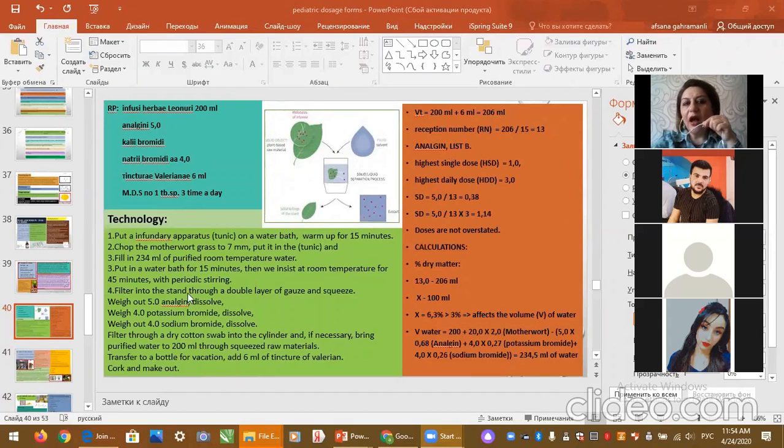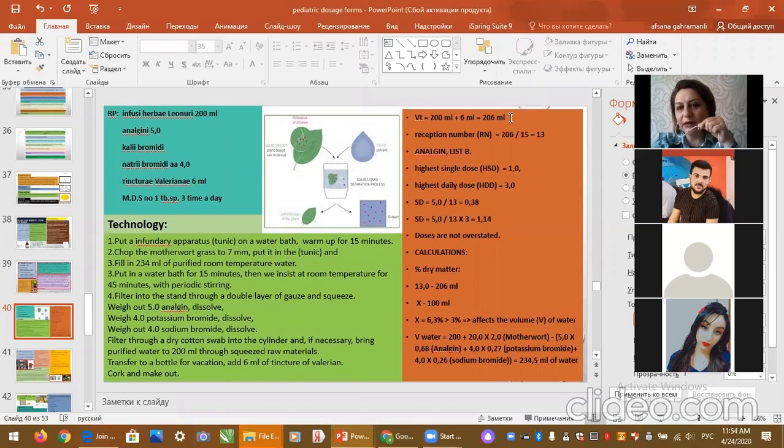For calculation, I must calculate the total volume of this prescription. For that, what am I doing? I add to 200 ml the volume of tincture valeriani, 6 ml. Yes. In result, we have total volume how many? 206 ml. Yes, my dear. 206 ml.